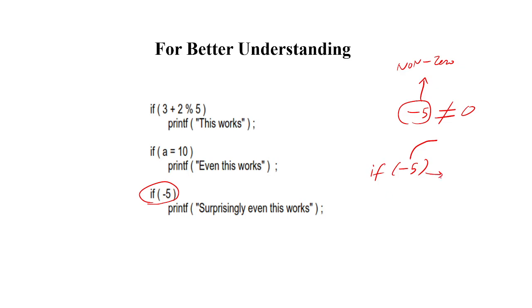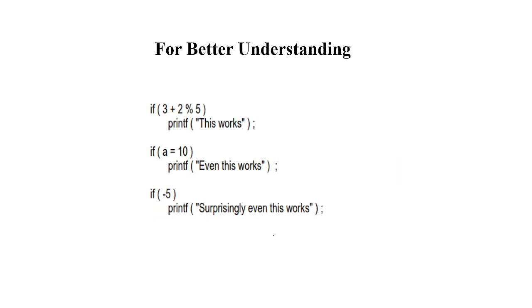So this expression also gives true, and it prints surprisingly even this works. Likewise, all these three statements are true. So we should remember that a non-zero value is always true and a zero value is always false.